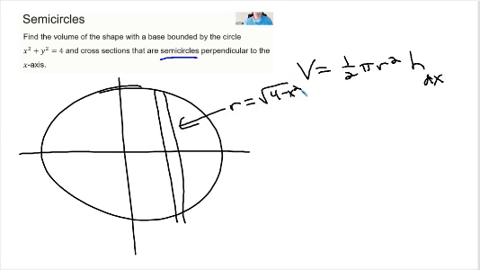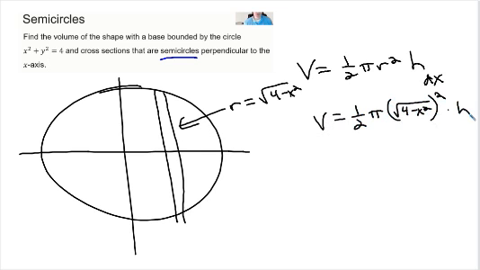All right? So my volume is going to be 1/2 pi, the square root of 4 minus x squared squared, times the height, which we know is going to be dx.